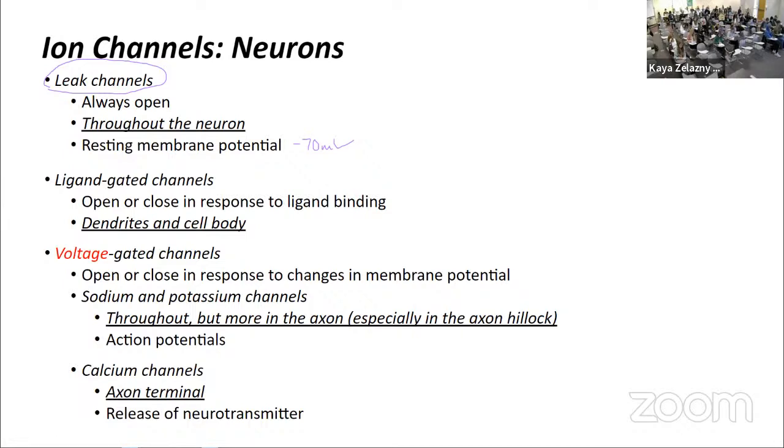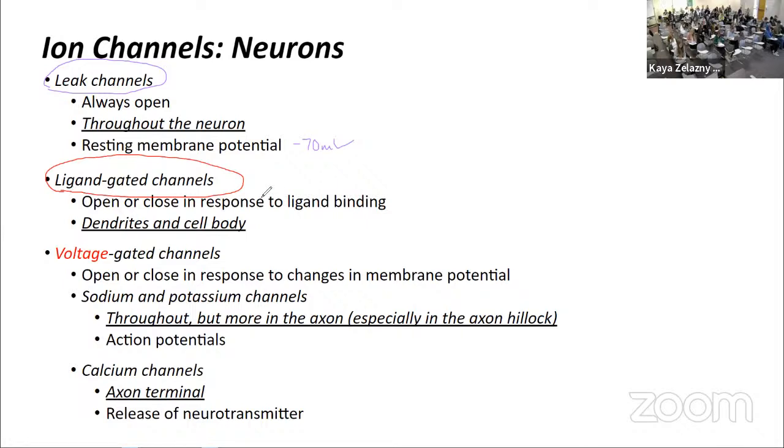I drew some on today, so we can now add on the ligand-gated channels. A ligand is something that binds onto something else, so binds onto a protein. In this case, binds onto a channel. This is going to come in mostly when we're talking about neurons talking to each other and when we're thinking about neurotransmitters.